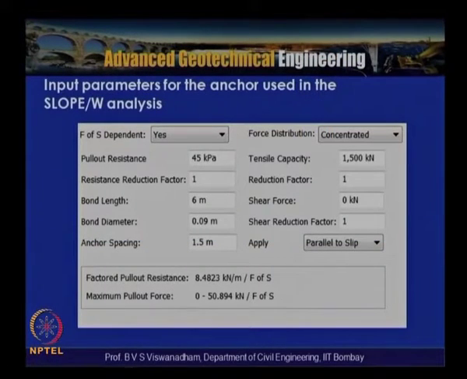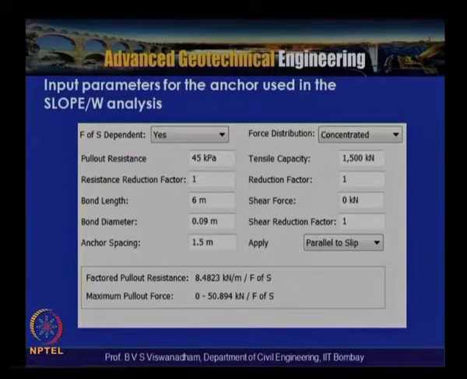This is the input file for SlopeW with the anchor used in the slope stability analysis. Based on the calculations and details provided by Kai and Ugai 2003, the tensile capacity was given as 1500 kilonewtons, with no reduction factors, and the bond diameter is the 90 mm diameter grout body.